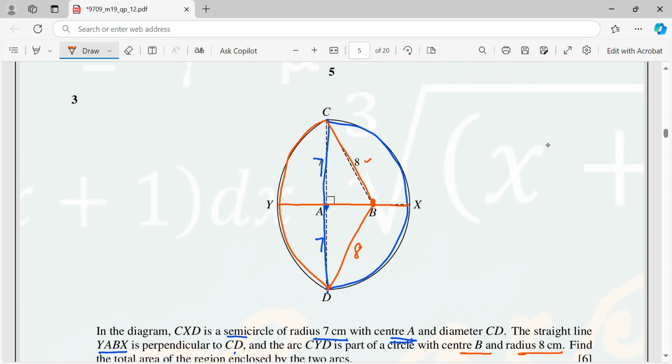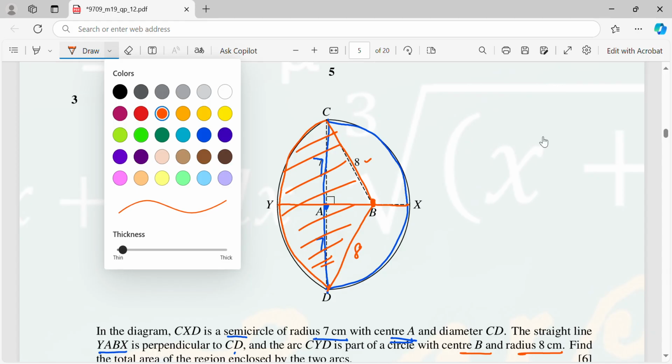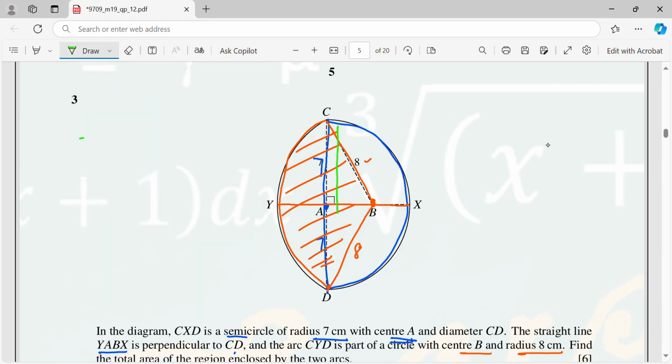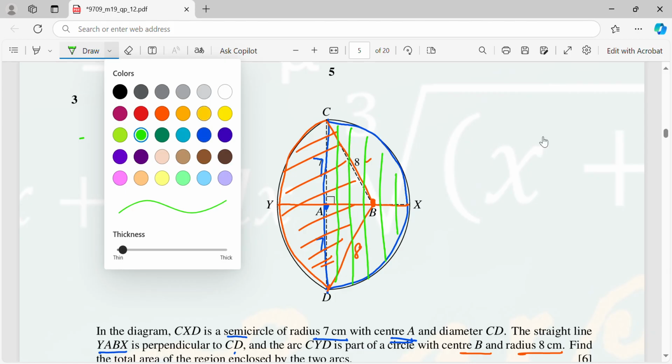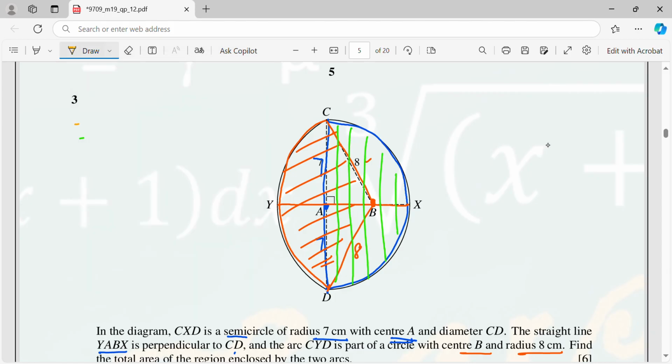So which means we need to find the area of this sector plus the area of the semicircle. If I add these two together, you will see the triangle is added twice. Which is here, the triangle.